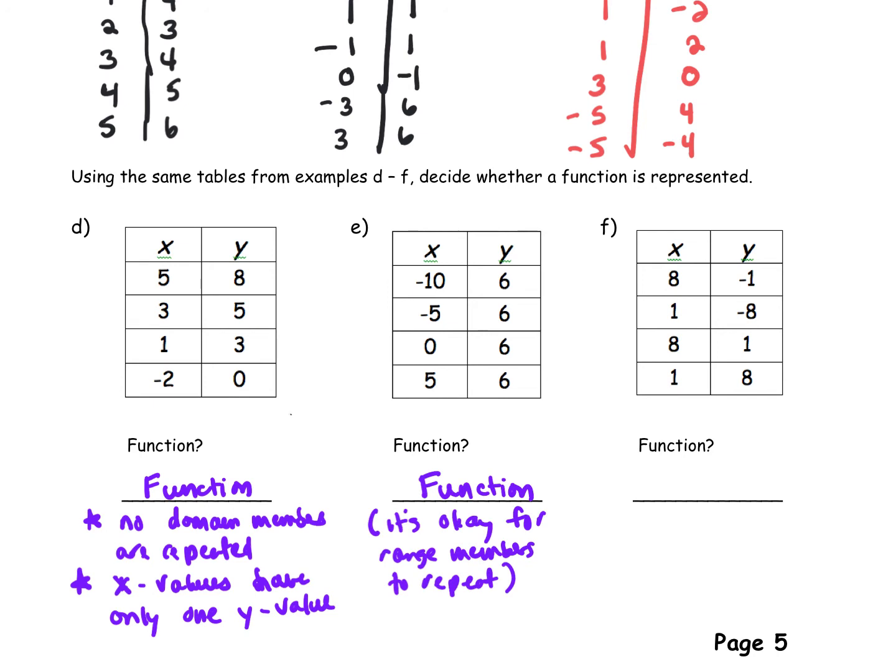In case you're confused about that, again, 10 has one unique value of y, negative 5 has one unique. So each one of these, even though we see the 6 repeated, each one of the x just has one y member. And finally, the last one is not a function. And I, again, would say that domain members are repeated.